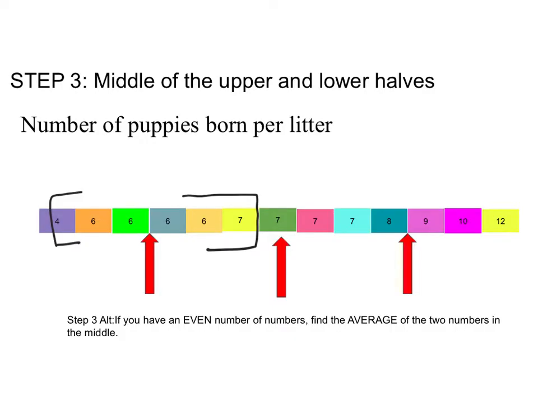In this case, the answer is 6. Next, I'm going to find the middle of my upper values. Again, since I have an even number of numbers, I'm going to find the average of the 2 numbers in the middle. In this case, 8.5.